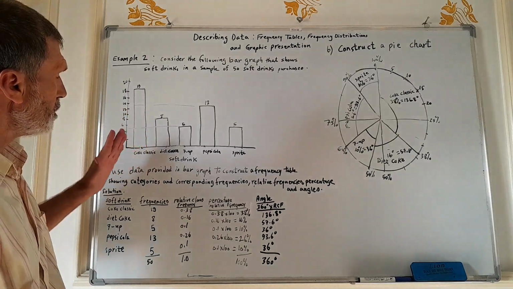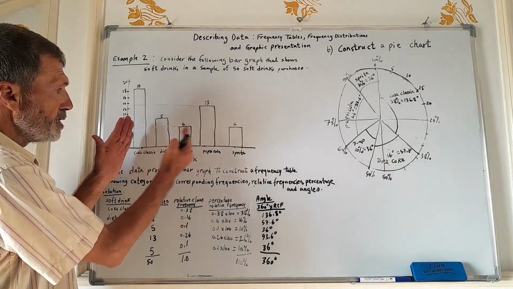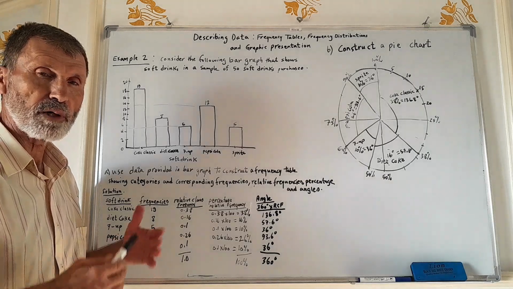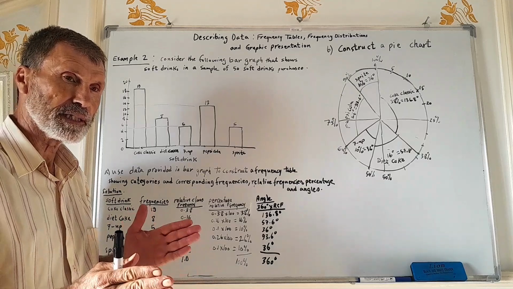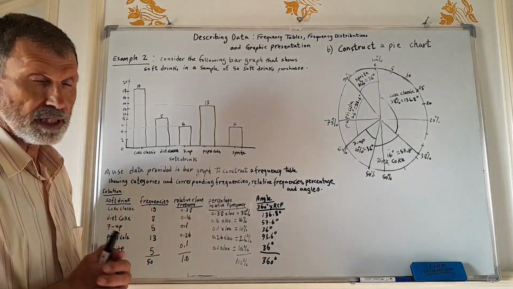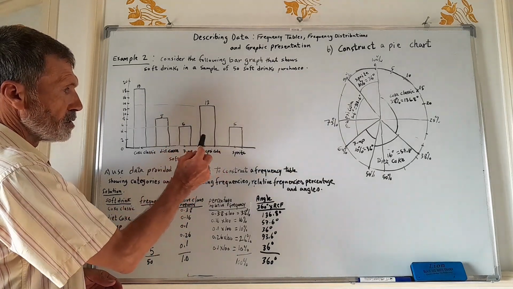are separated. There are gaps between the bars, distance between the bars, because each bar consists of a qualitative outcome. Therefore, there is a distance. They are not adjacent to each other because they are qualitative data, and therefore there are gaps that separate the bars.